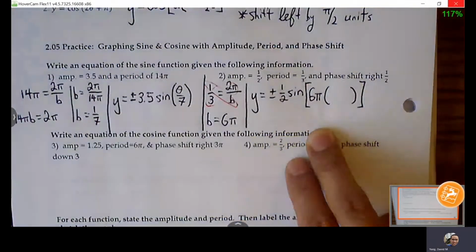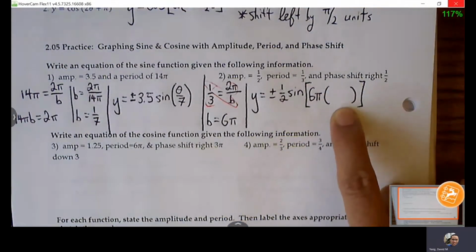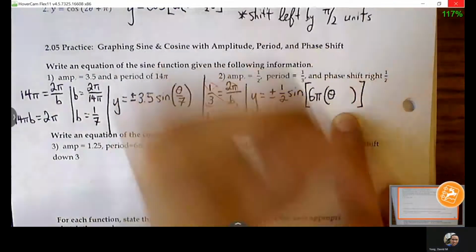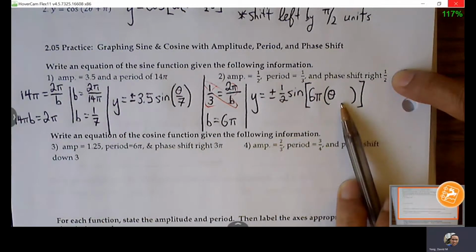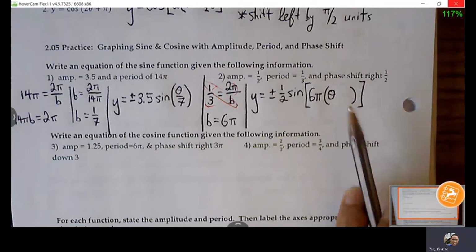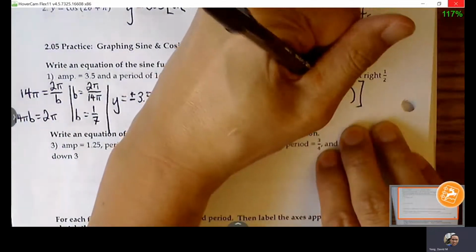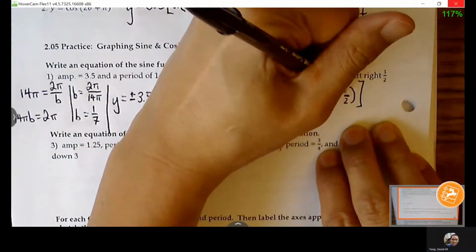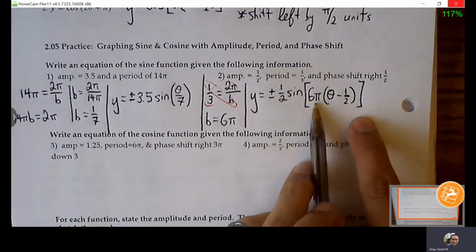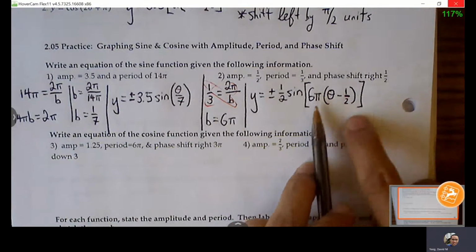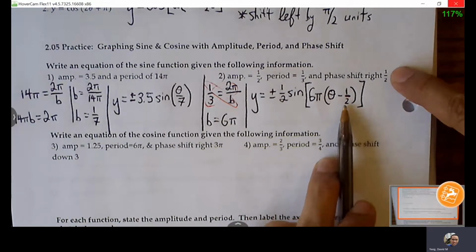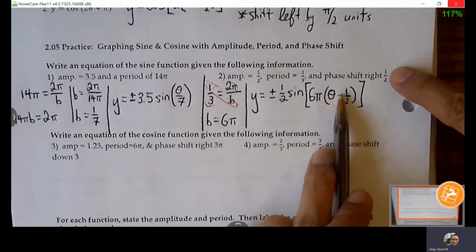And now we can involve the theta and the phase shift. So theta. We want to shift to the right 1/2. So what can we put after this? Good, minus, right? Everything is opposite, so minus half. This is in the correct form, so we don't have to make any adjustments. As long as our b is cleanly outside a set of parentheses, then your phase shift and this number will always match. We just have to watch out for the sign.